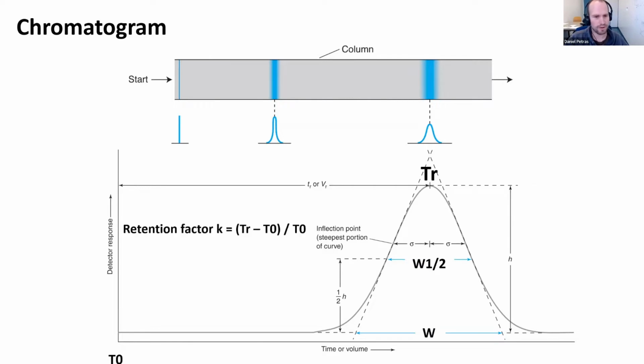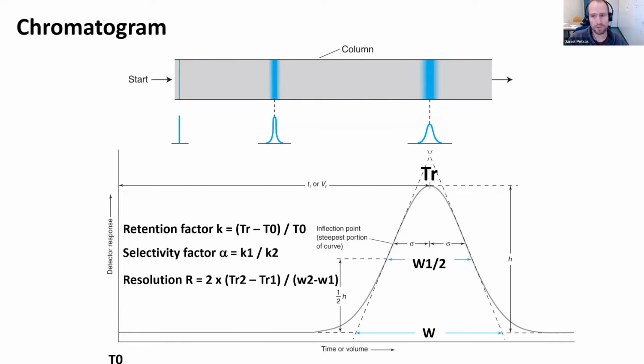From there you can calculate different values like the retention factor, selectivity, or chromatographic resolution, which tells you how well your separation might be and how good your retention to the chosen stationary phases.